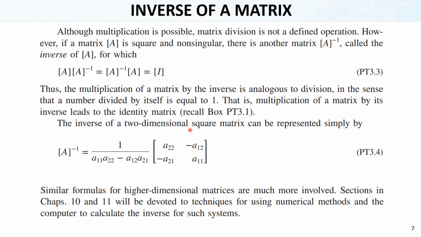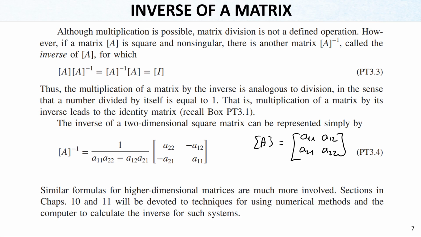For a square matrix of two dimensions, 2 by 2, it's easy actually. We can simply use this operation. So this is basically 1 divided by the determinant, and these values: A22, A12, A21, A11. Actually, the determinant for A is like this here, A11 A22 minus A12 A21.